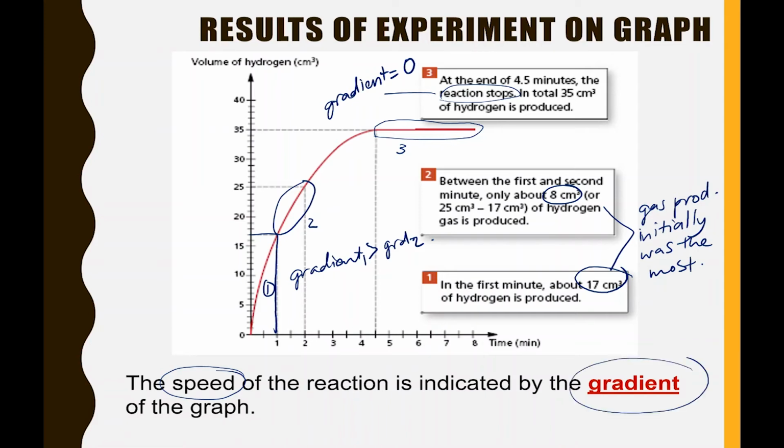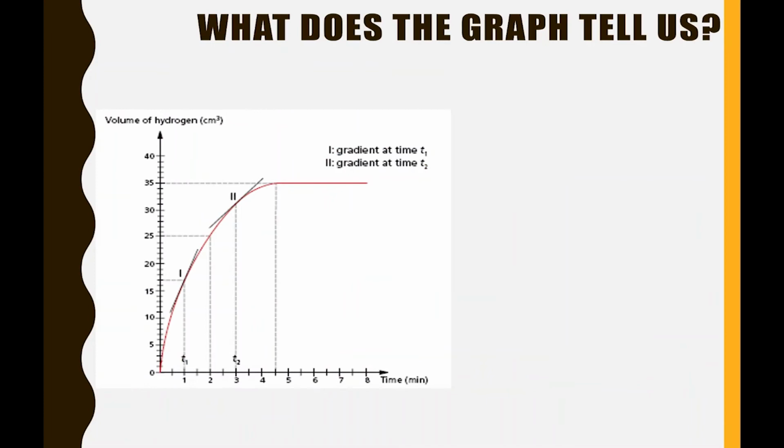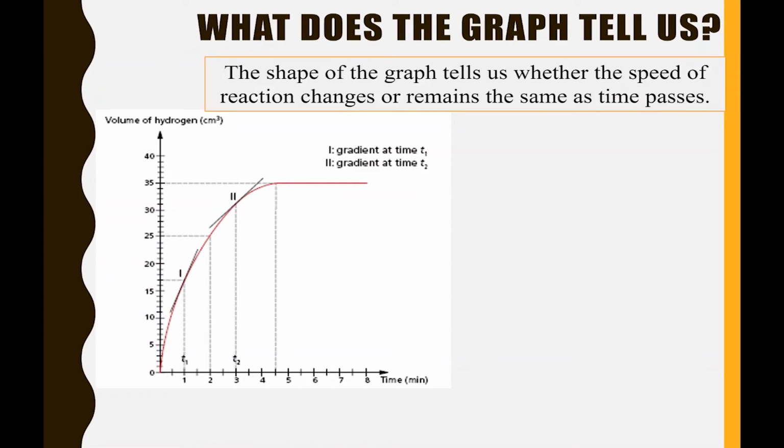So what does the graph tell us? The shape of the graph tells us whether the speed of reaction changes or remains the same as time passes. If it remains the same, it will be a straight line. If it changes, you will see there is a curve.